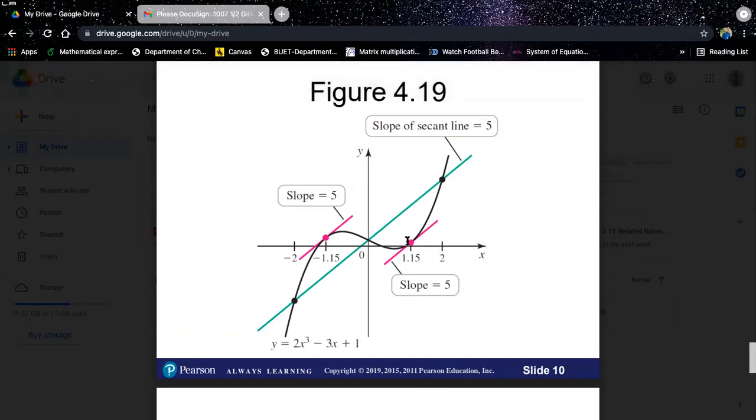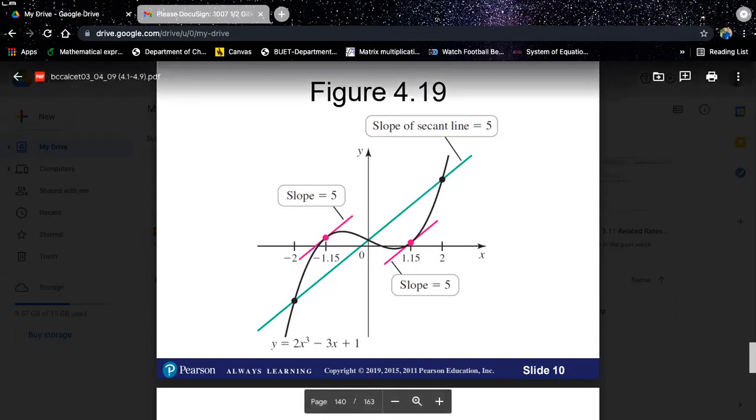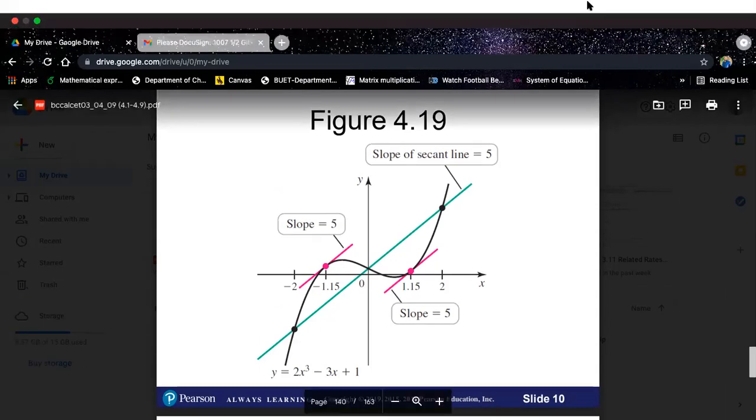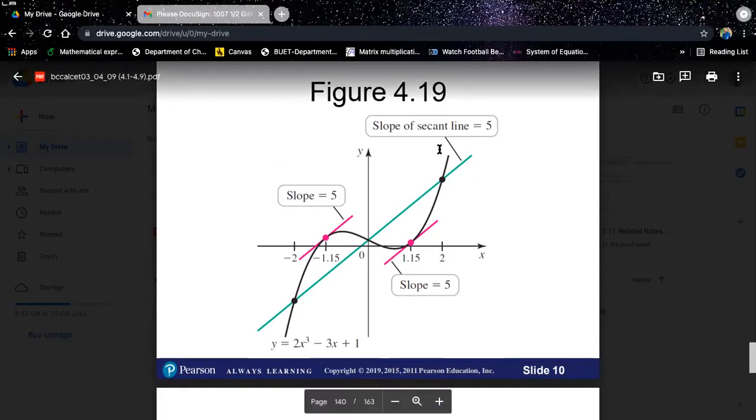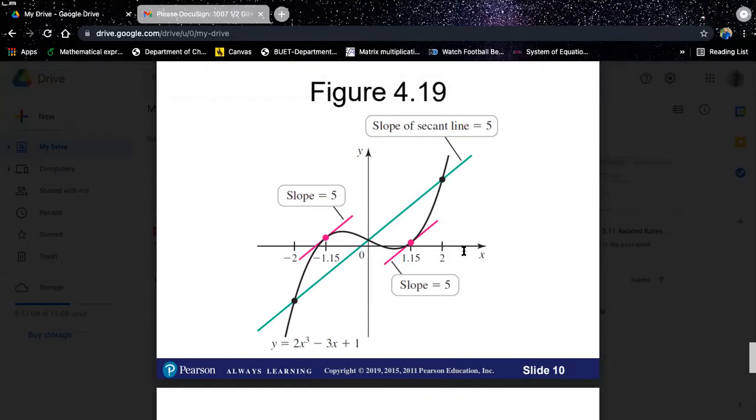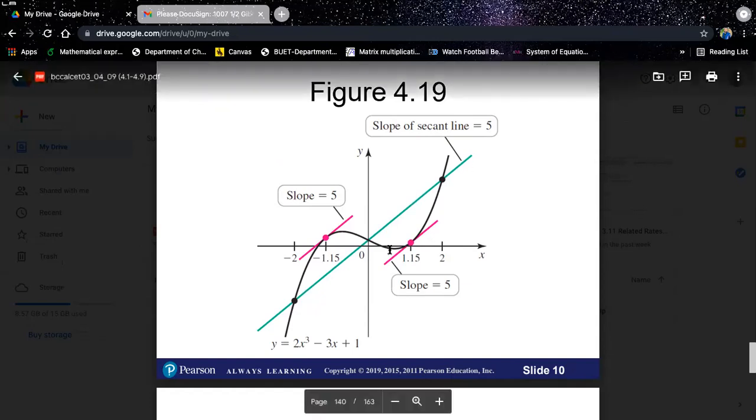Now, since it's continuous everywhere on this interval and it's differentiable, the mean value theorem says we'll have a point where the slope of the tangent line will be equal to this.